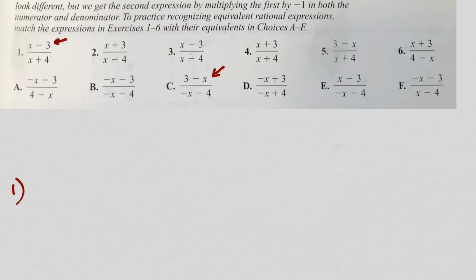In other words, if you look at the x in the top of this one, it's positive. Here it's negative. Here the 3 is negative. Here it's positive. So those are opposites. So I'm looking now for the opposite on the bottom. This is a positive x and a positive 4. Well, this is a negative x and a negative 4. So those are x's that are positive. Oops.